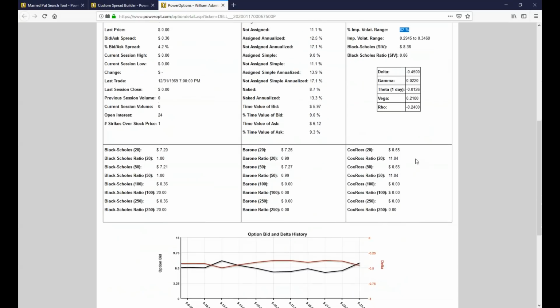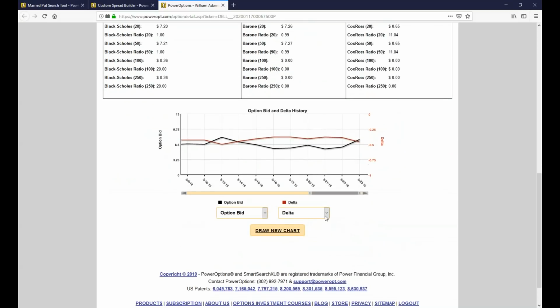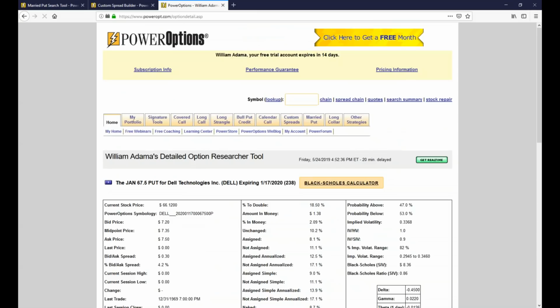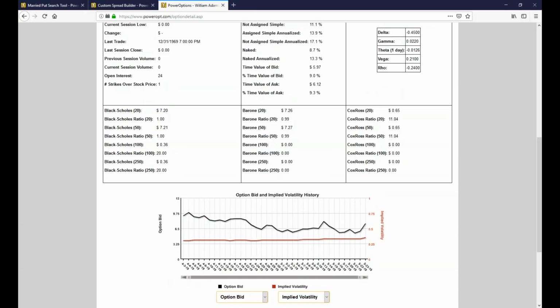Why is that important? Because when the earnings come out, I'm on Delta, I'm sorry. Let's go back to IV. Because when the earnings come out, I should expect this put option, even though it's a January put, to revert back to closer to that lower range of around 0.25, 0.24, maybe even lower.